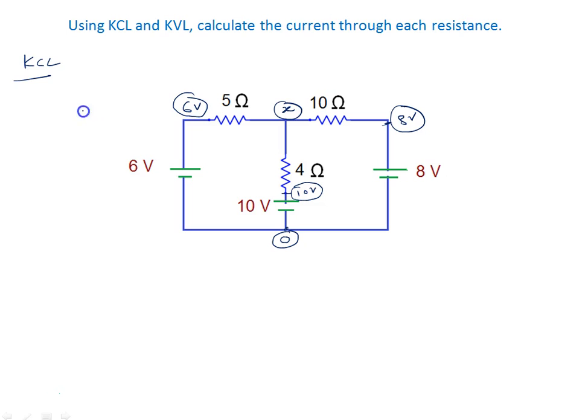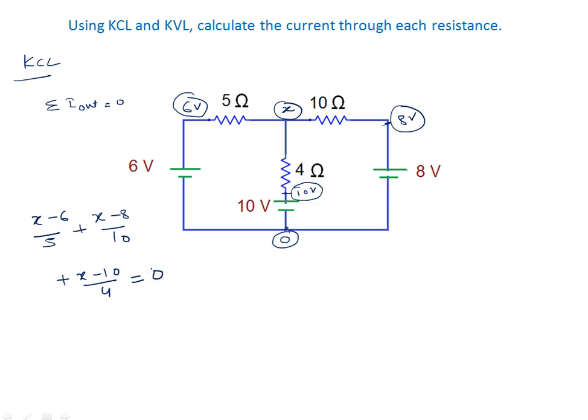What does Kirchhoff current law say? The sum of all outgoing current should net to 0. Summation I out equal to 0. Okay. I apply it here. You will say (X minus 6) upon 5 plus (X minus 8) upon 10 plus (X minus 10) upon 4 should be equal to 0.